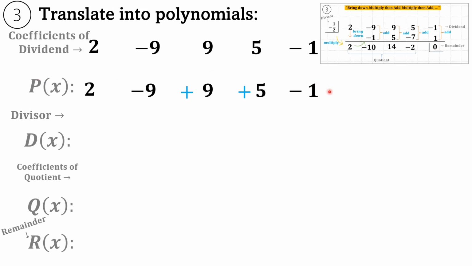Okay, 0, 1, 2, 3, 4. The degree of the P of X or the dividend is 4.